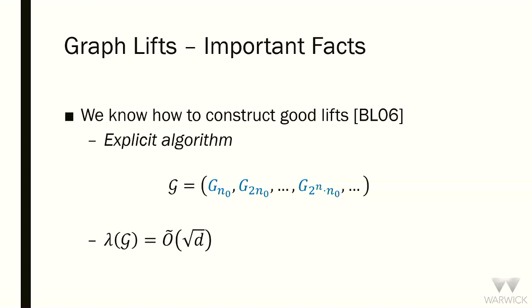And the last important fact is that we know how to construct, thanks to the work of Bilu and Linial, families of spectral expanders based on lifts. So each graph is the lift of its previous one. And these graphs have optimal spectral expansion up to logarithmic factors.